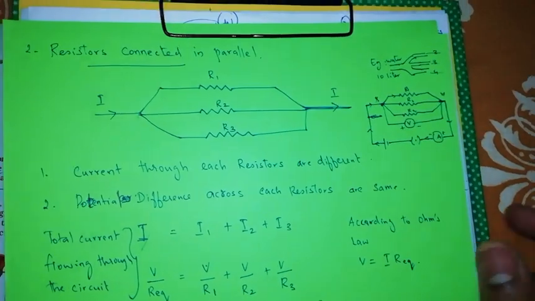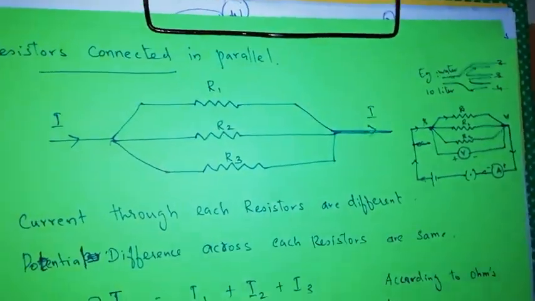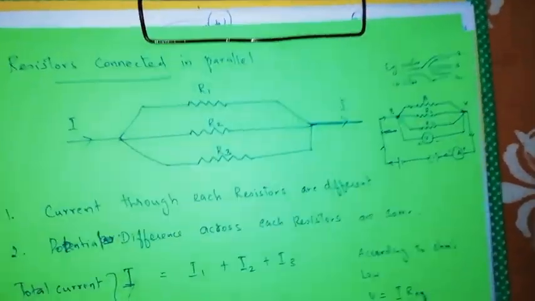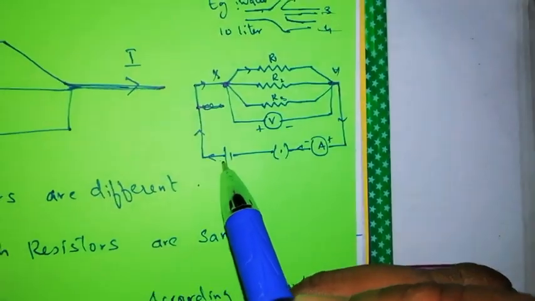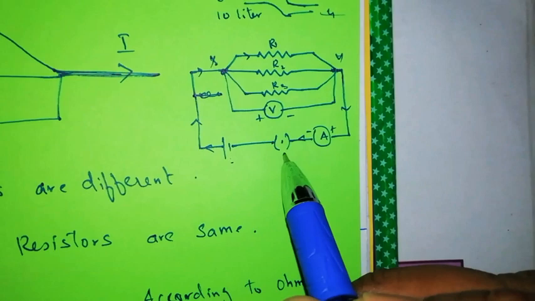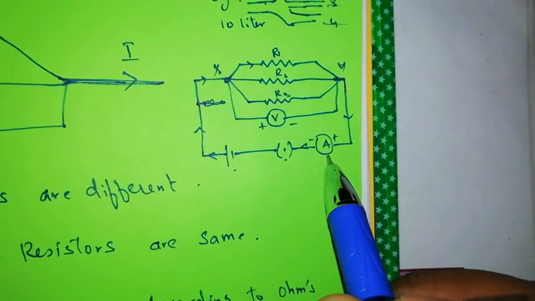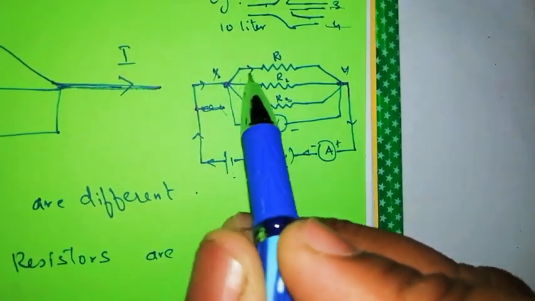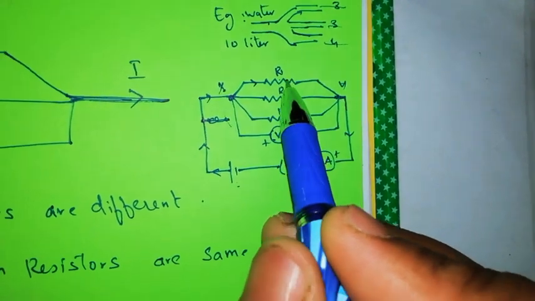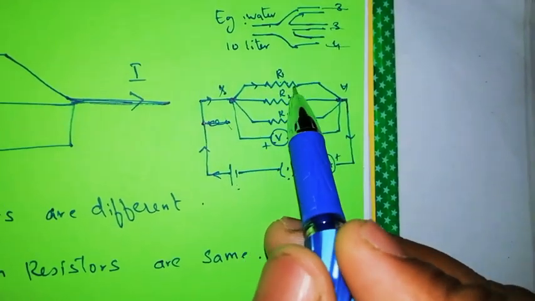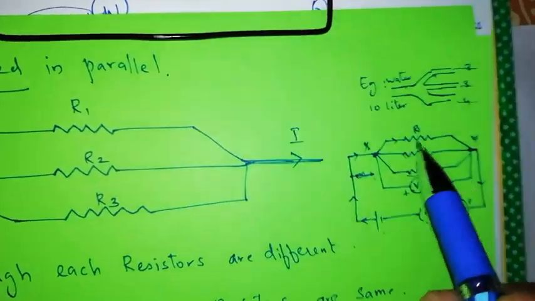Next we move on to resistors connected in parallel. How are they connected? This is the circuit diagram, you can look at it. The same battery or cell with a key, an ammeter and a voltmeter, and here you can see they are connected not in series but in parallel. I made it a little bigger.